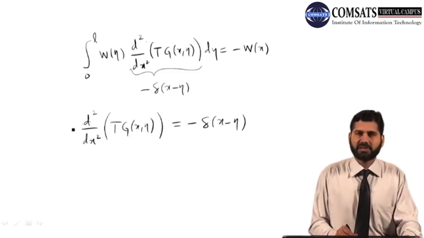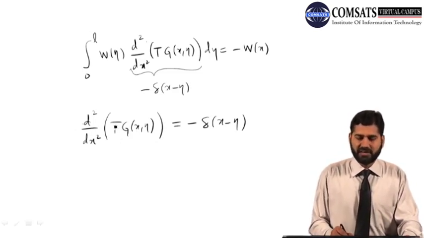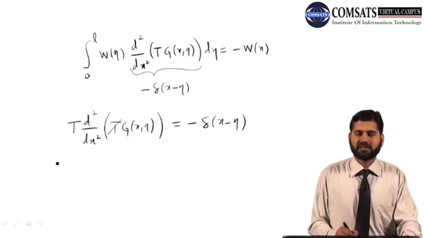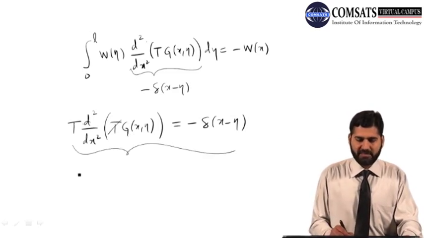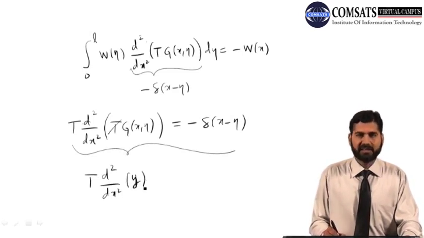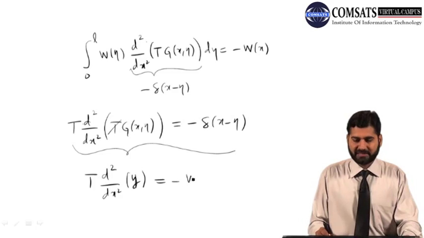If T is constant, you can bring this outside. If T is a constant, tension is constant, you can write it outside. So basically you see this equation is the same as T d2 by dx square of y is equal to minus Wx.